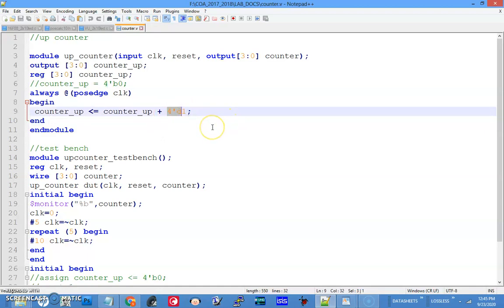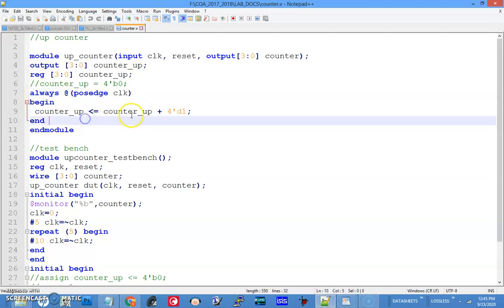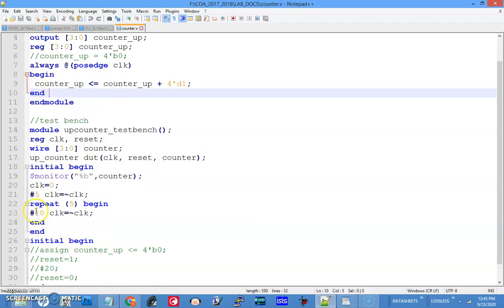I'll share a slide set which also talks about this. The counter module is very simple. On every clock pulse it is incrementing. In the test bench, we are sending the values, and we need to have the clock pulse generating. The clock pulse repeats. I have given 5 here, so that after every 5 time units the clock is inverted.